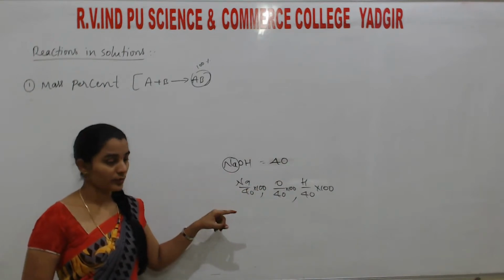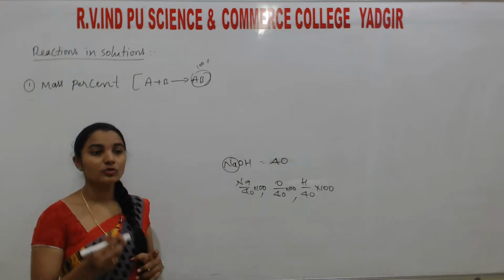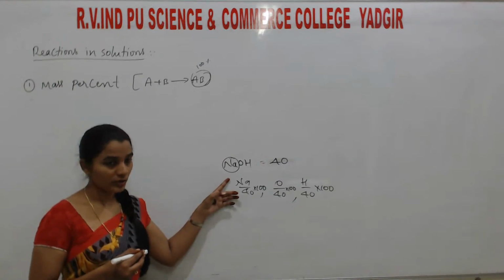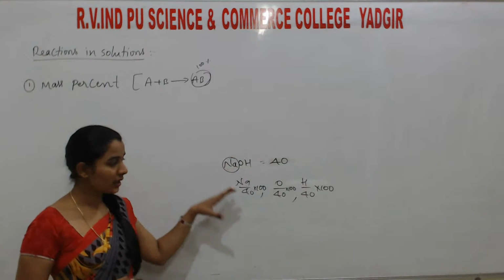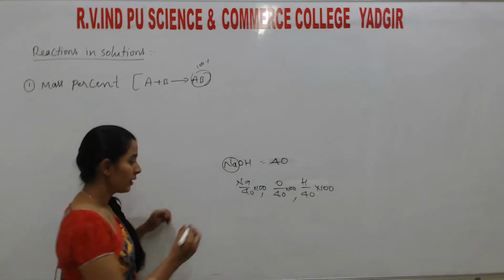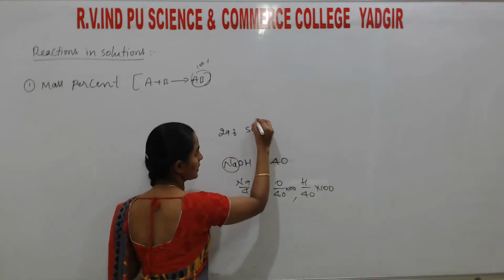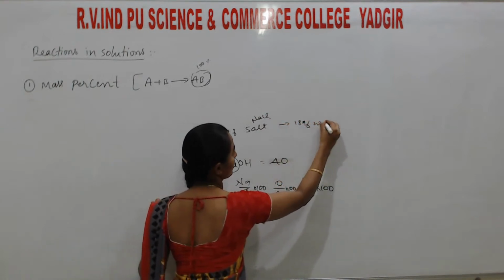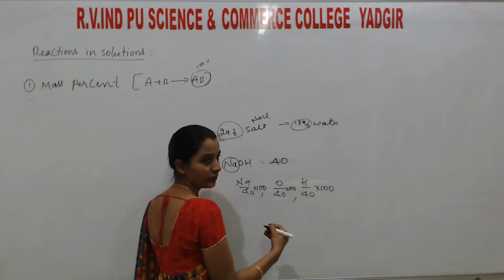The number of moles of one component to the number of moles of the whole solution. For NaOH alone, it is completely the number of moles of the solution. If only NaOH is there, this is correct. Understand? If NaOH and water are there, like if 2 gram of salt, NaCl assume, is dissolved in 18 gram of water, then this is solute and this is solvent.